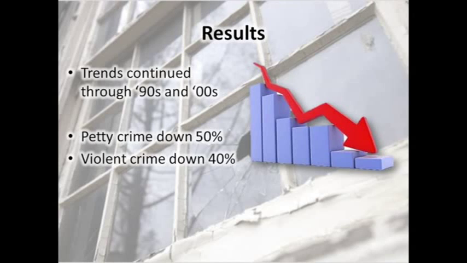Just astronomical numbers not seen any time in the history of New York City or any major city of that size before. Just an incredible drop in these crime rates. And many people, it's starting to be debated about other socioeconomic factors that contributed to it, but many people point to the broken windows policing theory as a primary reason or a primary contributor for that crime rate drop.